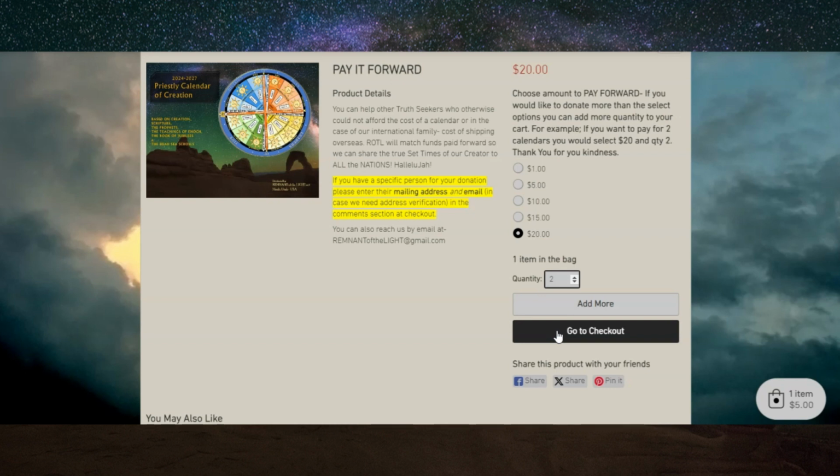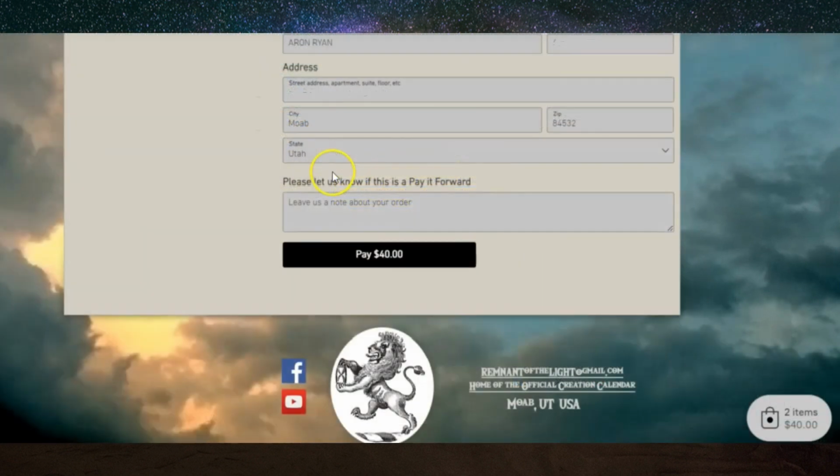And if you're just donating to the fund for others to be able to draw off of for shipping or can't afford to buy a calendar, then just leave us a little note here that it's just your pay it forward. Okay, so that's how the pay it forward goes.